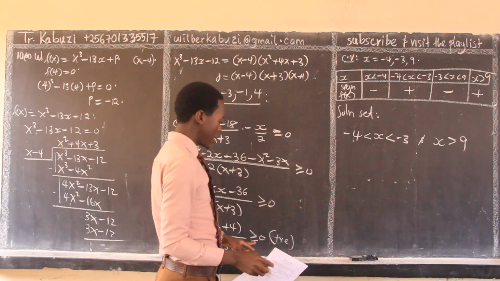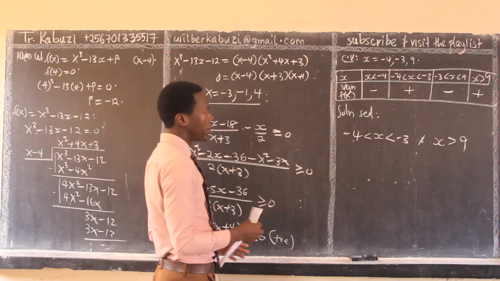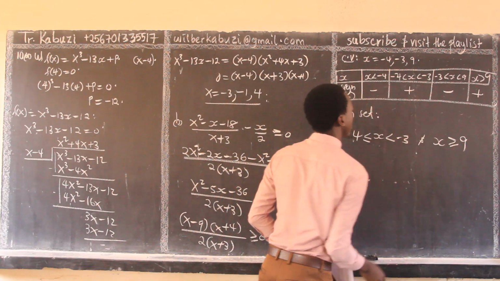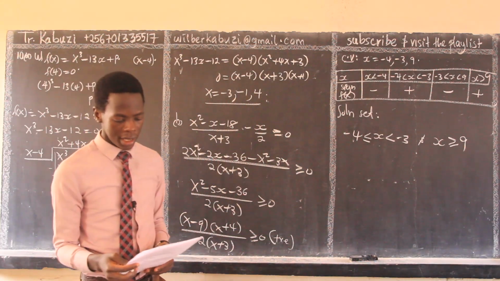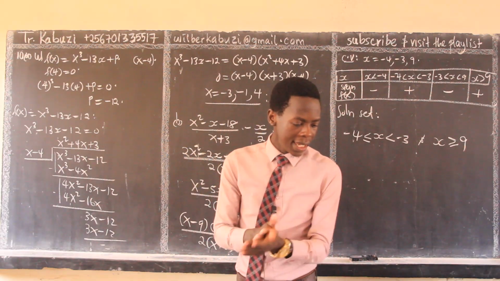Because this had greater or equal to, and the one coming from the denominator was this. So we have this and that. And so those are our solutions for that inequality. Okay, let us move to number 11.